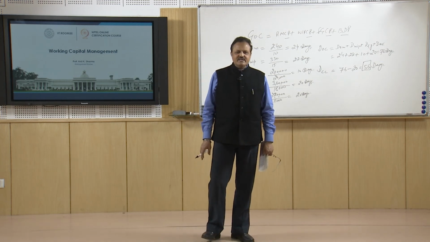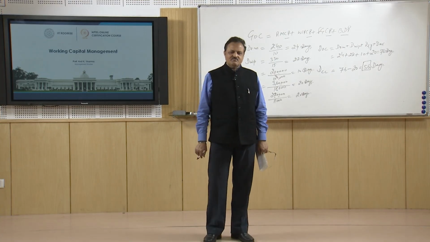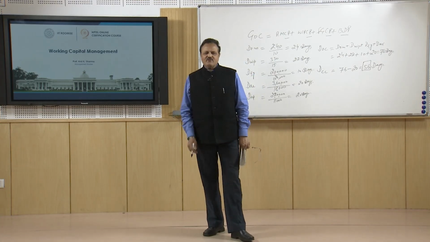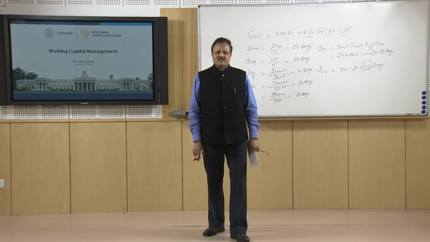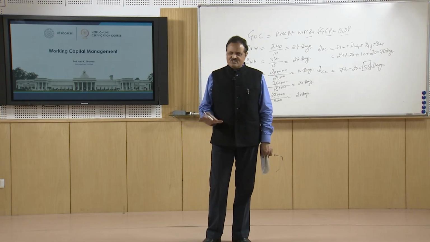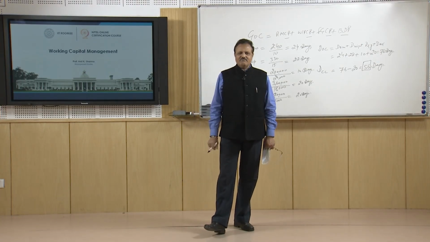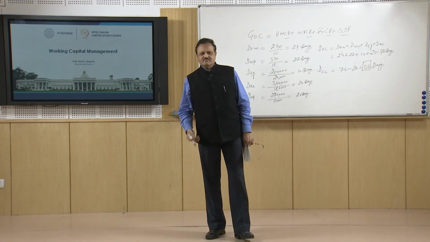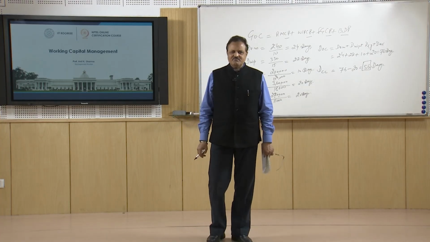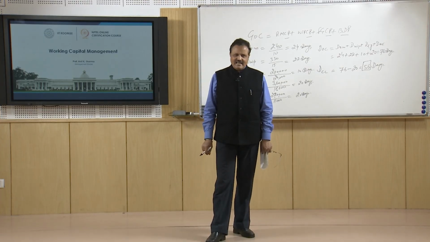So we should give more importance to the raw material stage, because more investment is blocked for more days. Then at the WIP stage, our major chunk is the raw material and other components are small, so that should be given comparatively lesser importance. Proportionate importance should be given to the different stages while calculating the duration of the operating cycle.